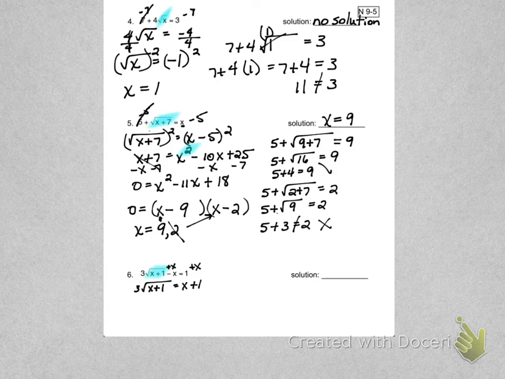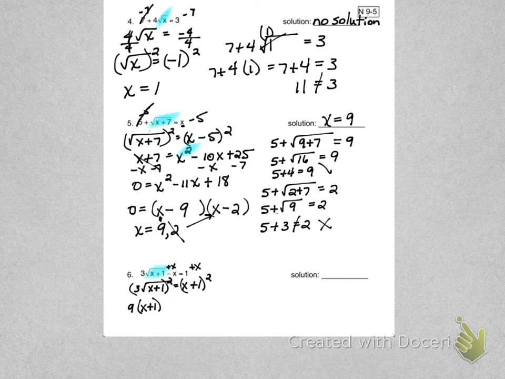plus 1. Now, you might divide by 3, and you have to think, what's going to be easier, squaring this term or dividing by 3? Well, this x plus 1 is not going to divide by 3 very easily, but we can square this term pretty easily on the left. So that becomes 9 times x plus 1.